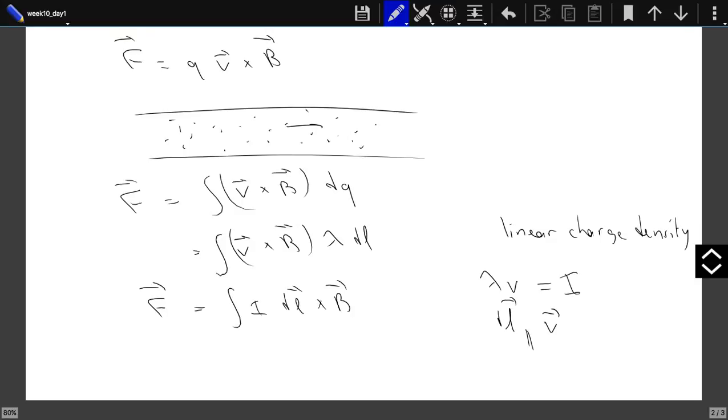Well, you see, this is the force acting on a system of charges. We just divide it into very small parts, dq. Each one would feel a force dq v cross B. Then for a volume charge density, dq would have some volume dV, and we have the charge density.